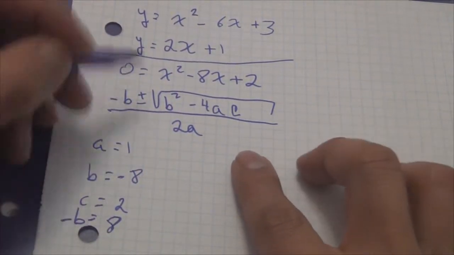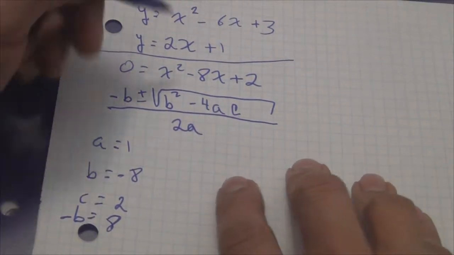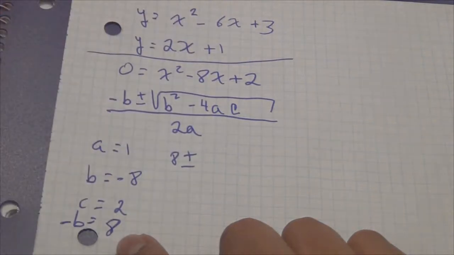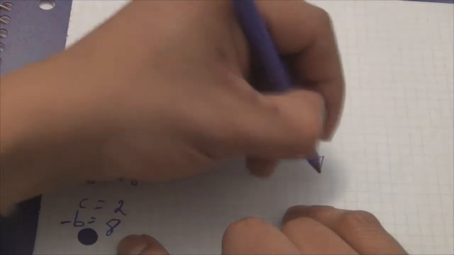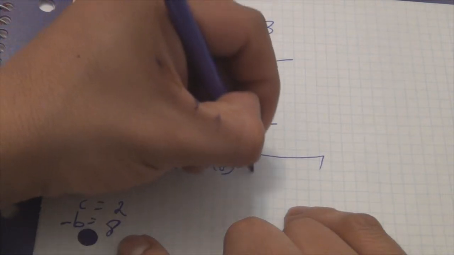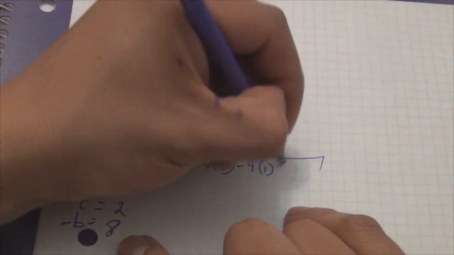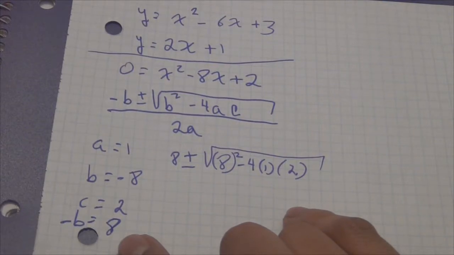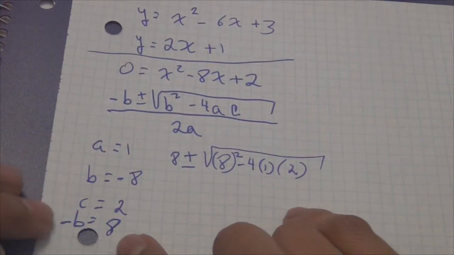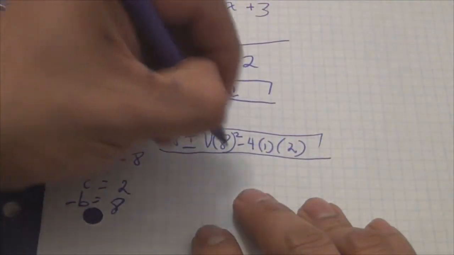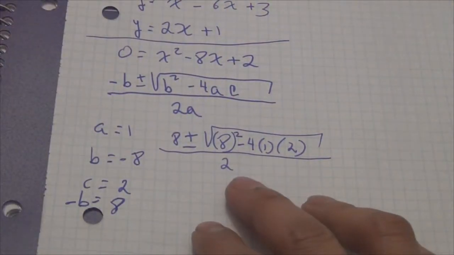Okay, so now let's substitute into the quadratic formula. So negative b will be 8 plus or minus the square root of 8 squared minus 4 times a times c, all over 2 times a, which is 2 times 1, which is 2.